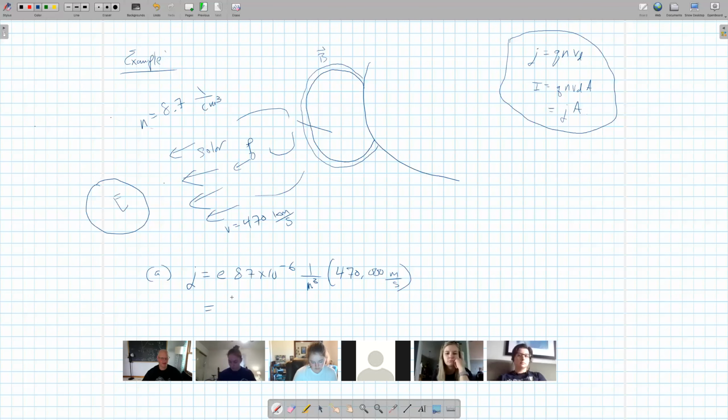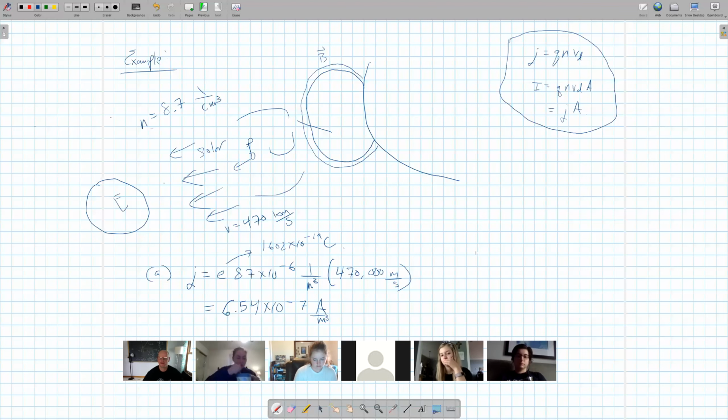So my current density then, when I multiply everything out, works out to be 6.54 times 10 to the minus 7 amps per meter cubed. And remember that Q here, or E, is 1.602 times 10 to the minus 19 coulombs.